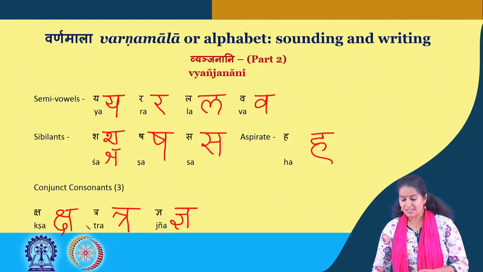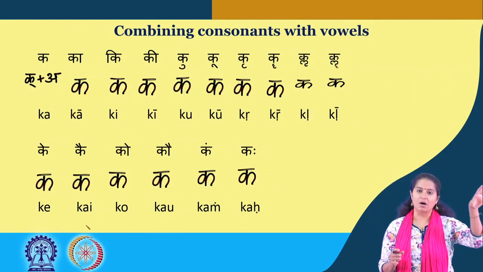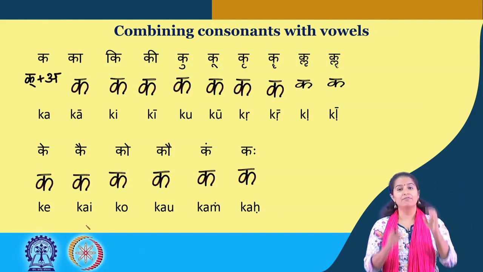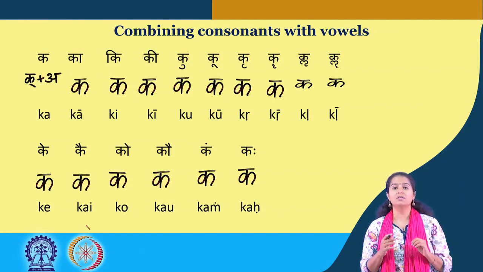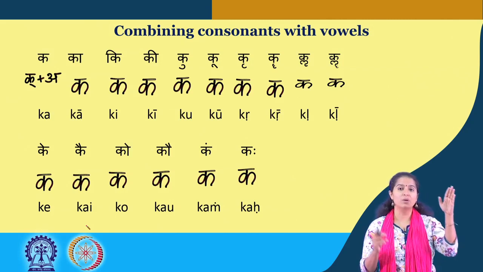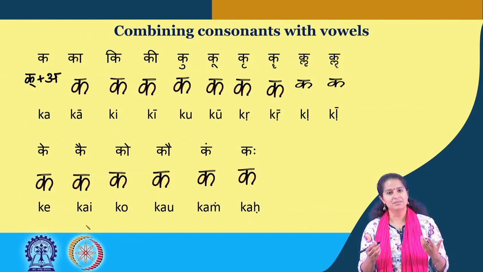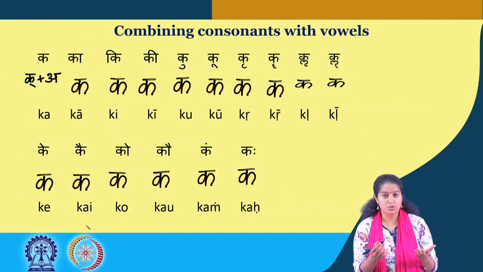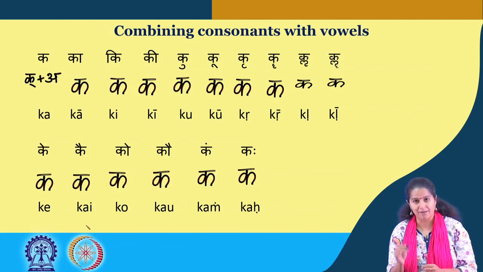All right, now let's move on, because what we see is that we've looked at the vowels independently, we've looked at the consonants together, and now what is important is to understand that the vowels, when they attach themselves to consonants, become symbols. And what you need to learn is the symbols that are used to represent each of these vowels.